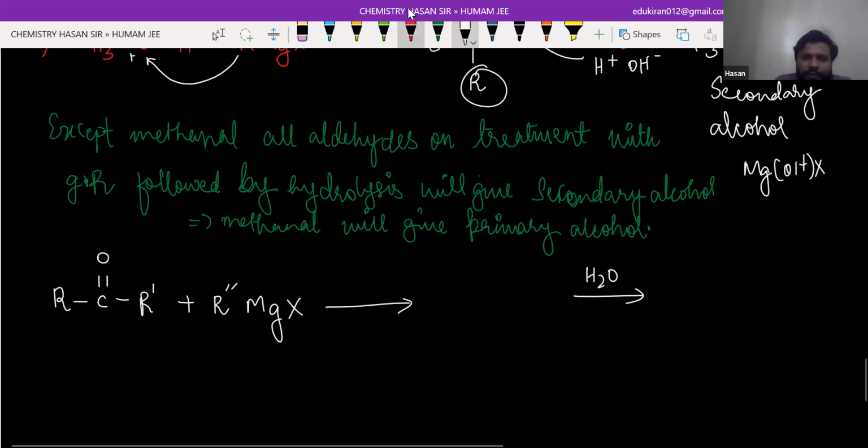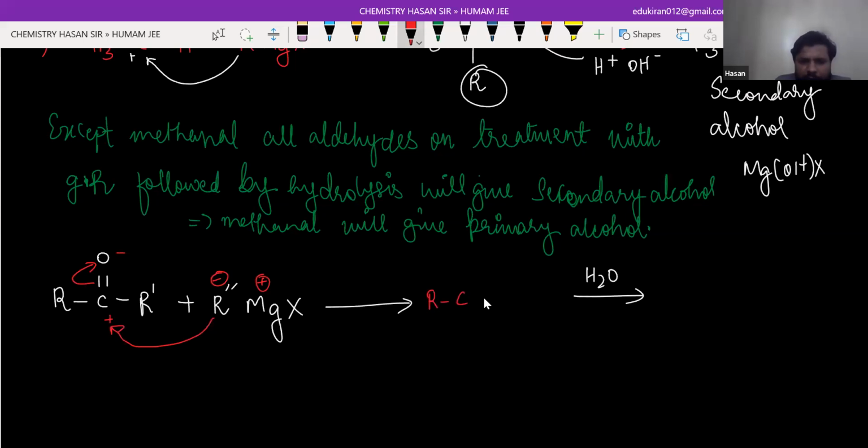Very simple it is. This will be going like this. So negative, positive. This is negative, this is positive, so this will be attacking on this. So what you will get: R, C, R dash is here, and this R double dash is attacking, and O negative, Mg plus X. After this, H2O has two parts, H plus and OH minus.